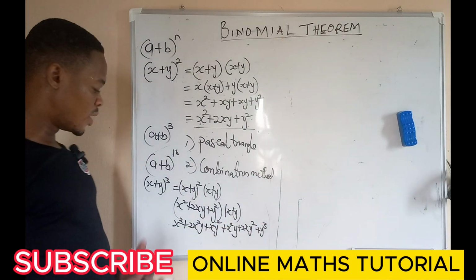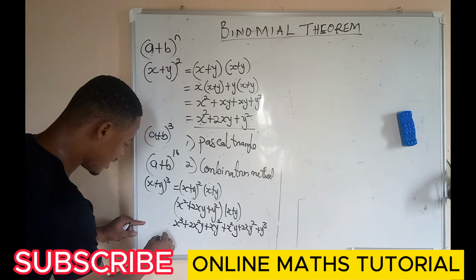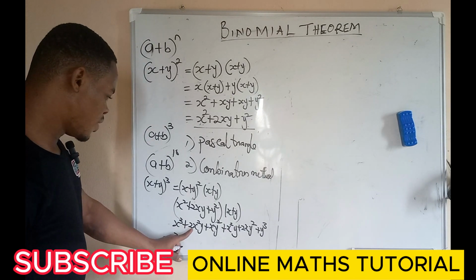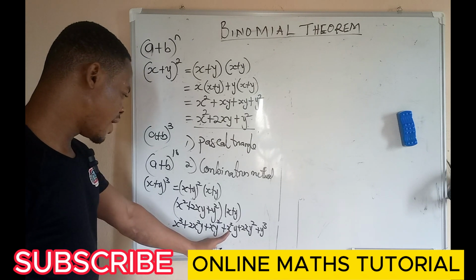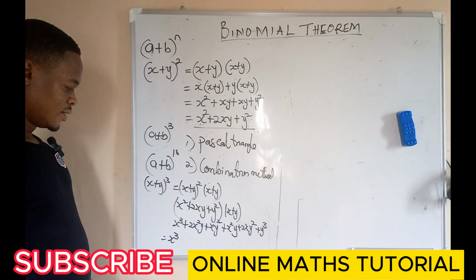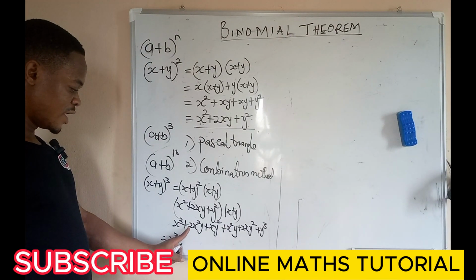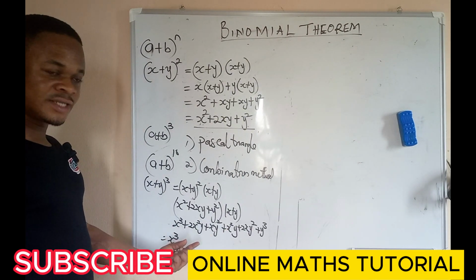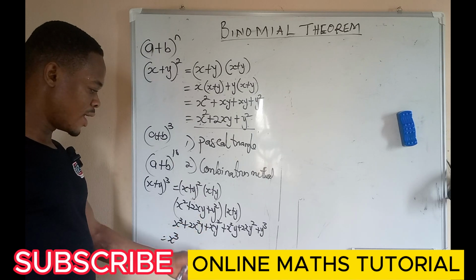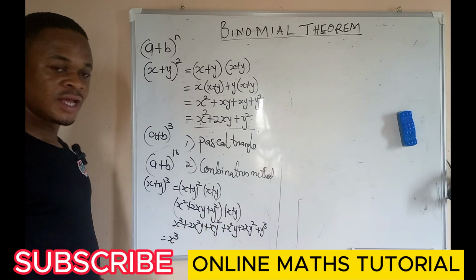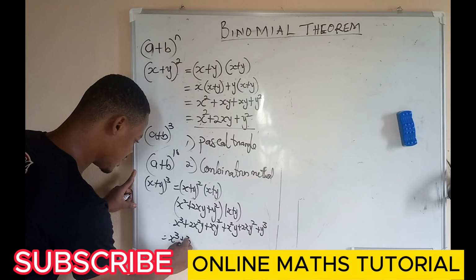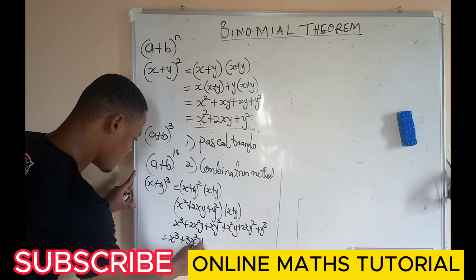So we now add the ones that look alike. Here we have 2x squared y and x squared y; they look alike. The difference is the coefficient. Here the coefficient is 2, and here the coefficient is 1. So we can add them. When we add the two of them together, it will give us plus 3x squared y.